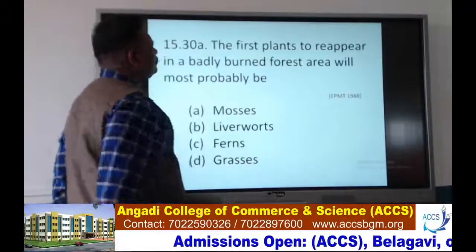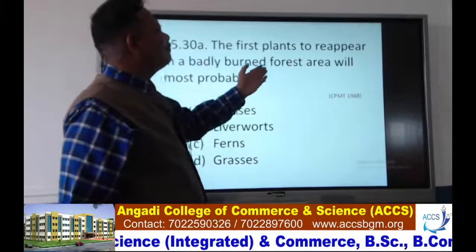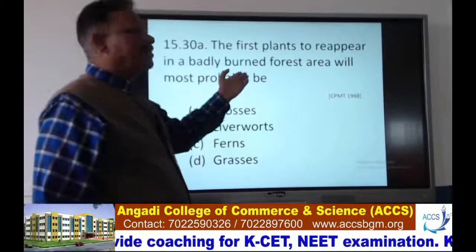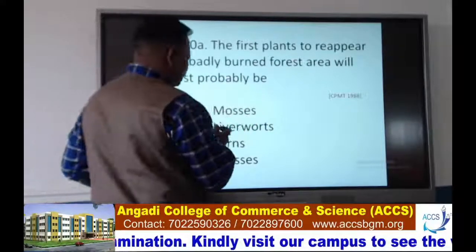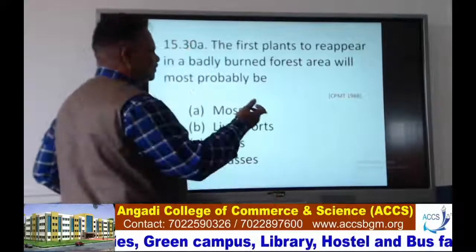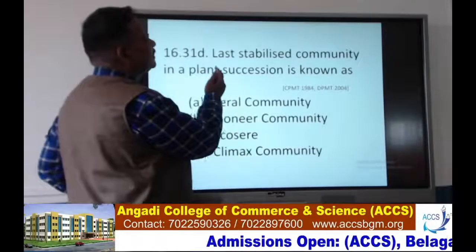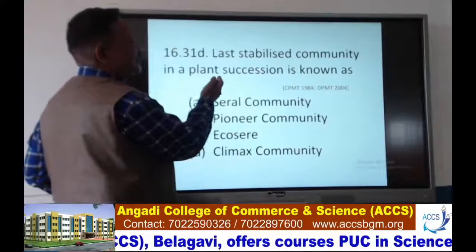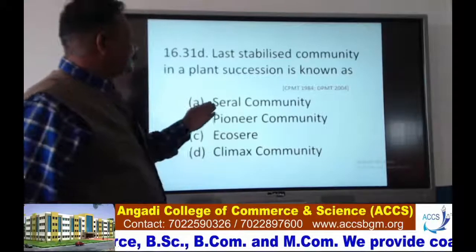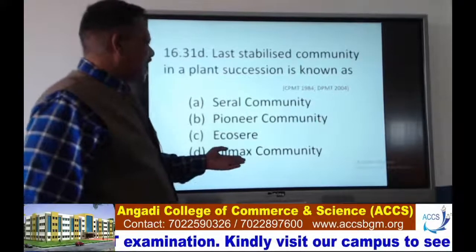Next one. Here, the first plants to reappear in a badly burned forest area will most probably be mosses, liverworts, herbs, grasses. The bryophytes are grown there, so the mosses are growing first. Next, last stabilized community in a plant succession is known as, they ask: seral community, pioneer community, ecosphere, then climax community.